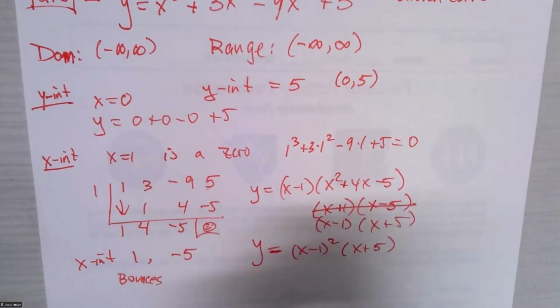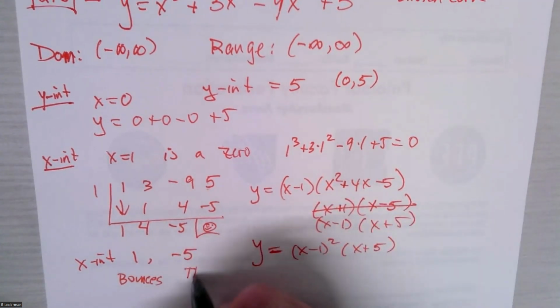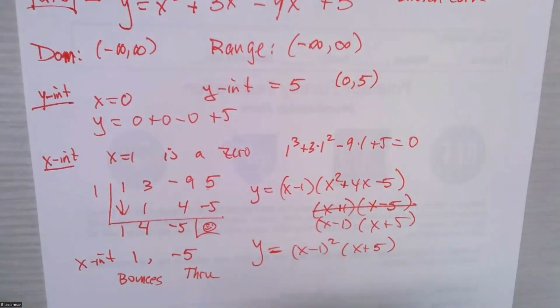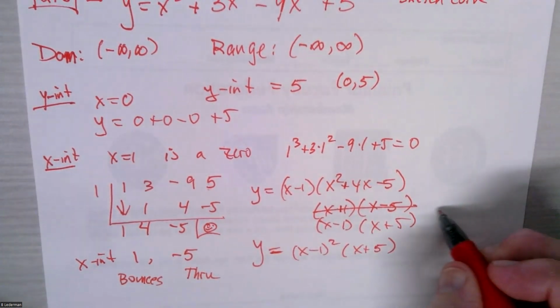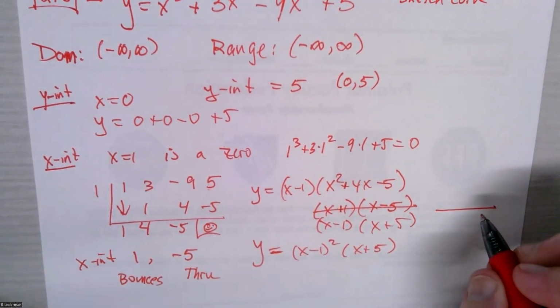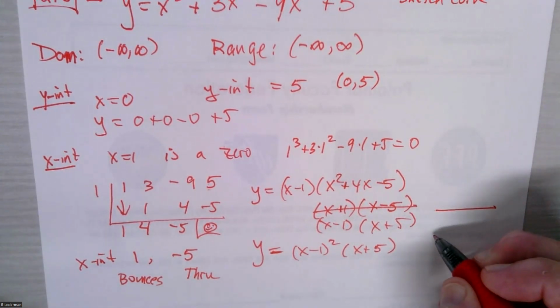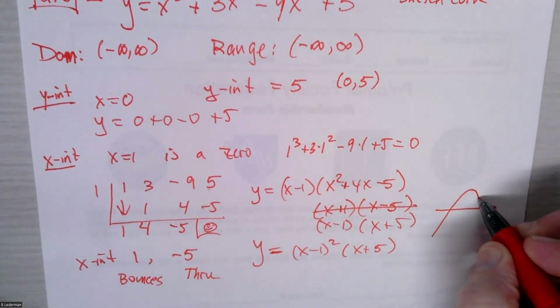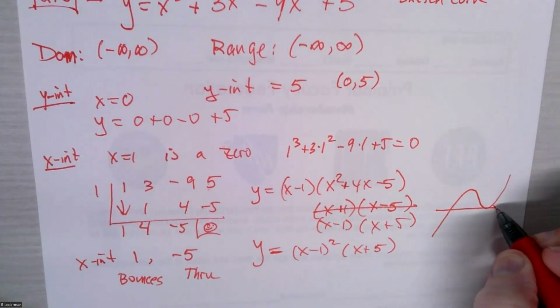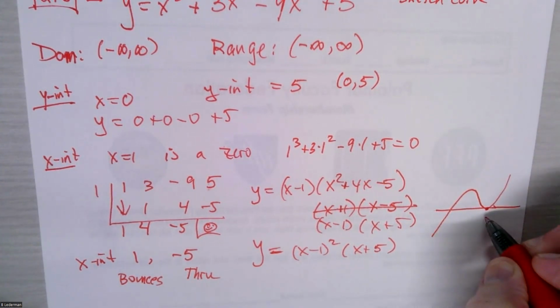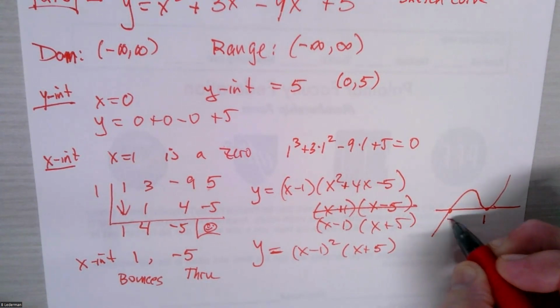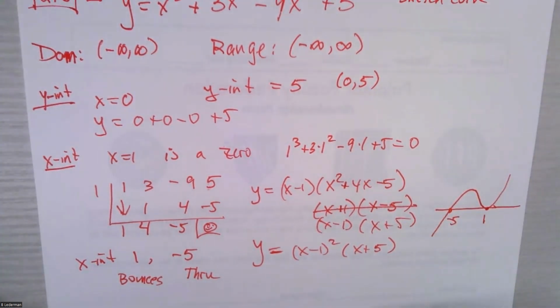It hits it and it bounces. And here it hits it and goes through. Meaning, it's going to go through here, and it's going to hit it but just bounce. So be aware of that when it's an even power.